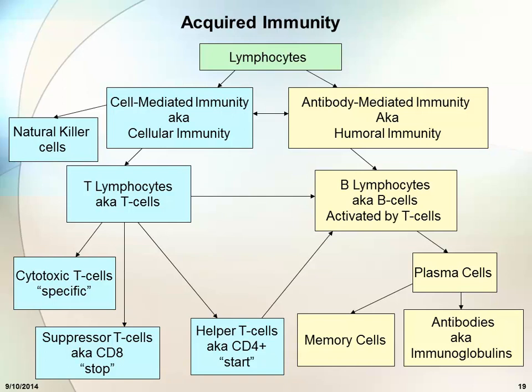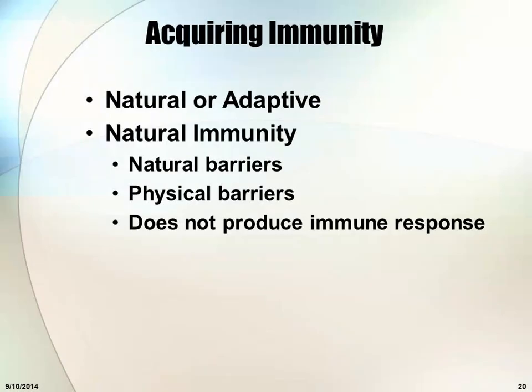Over here on my antibody-mediated, B cells, remember, B lymphocytes, they produce the plasma cells and the memory cells, and the plasma cells make the antibodies. And then, of course, they all kind of interrelate, don't they? You'll see all these interconnections because it's not just some simple little process that cascades down. They all interrelate. And if this helps you, great. If it doesn't help you, go with what works for you, okay?